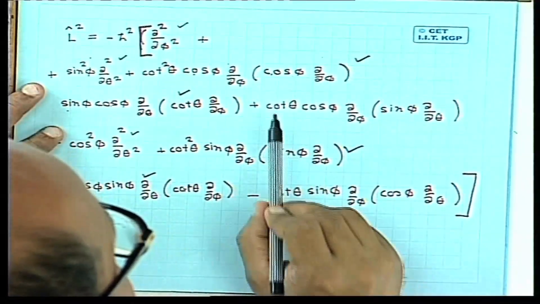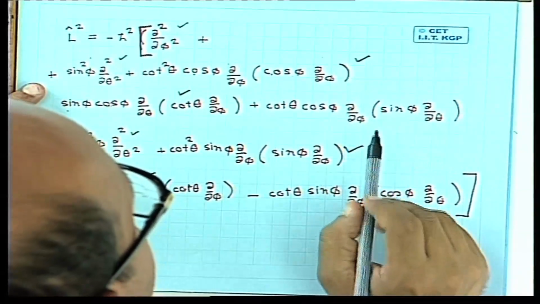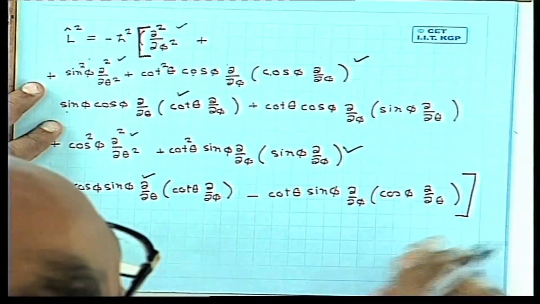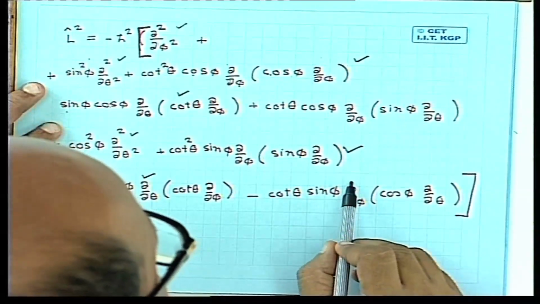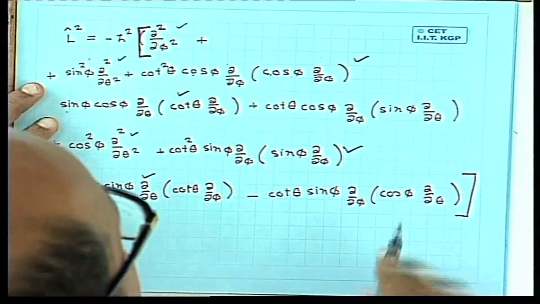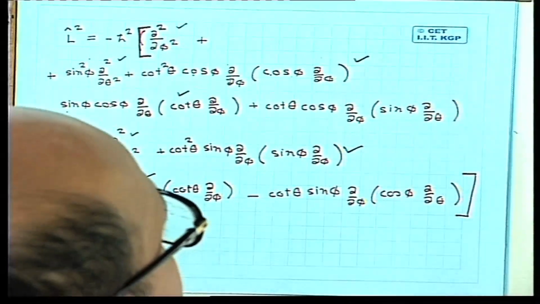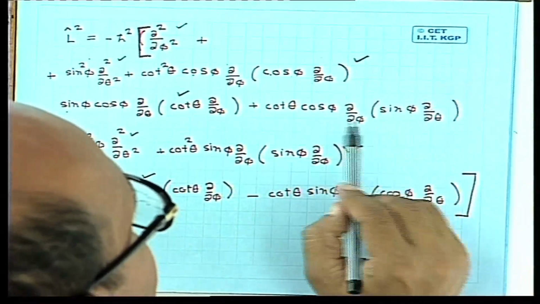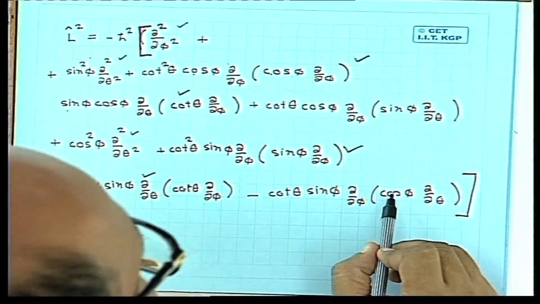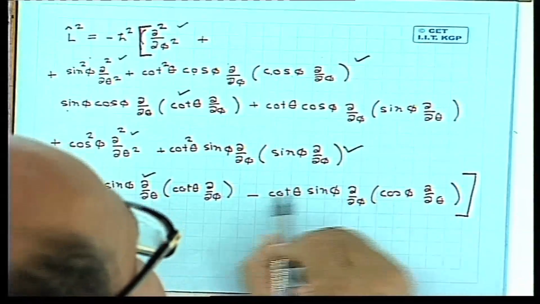So if I differentiate this, then if del by del phi acts on sine phi over here and del by del phi acts on cos phi over here, what does it give us? Let us see that. When del by del phi acts on sine phi, it gives us cos phi. When del by del phi acts on cos phi, it gives us minus sine phi.